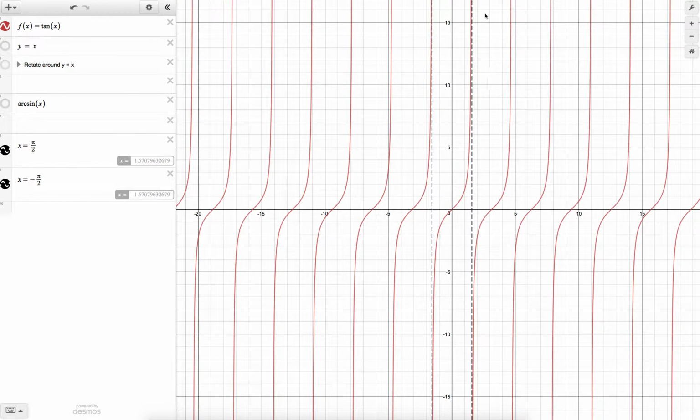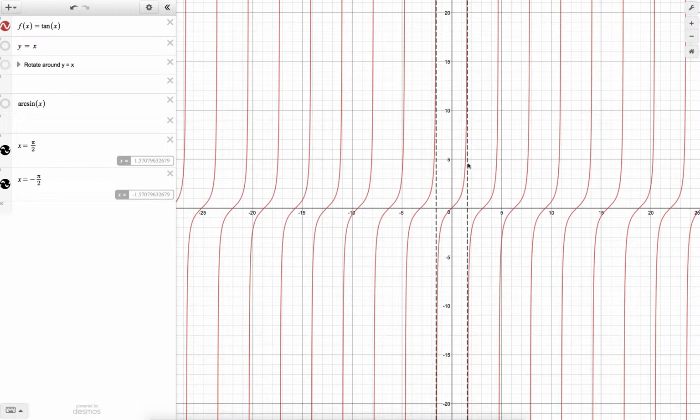What that means is as I'm approaching pi over 2, the outputs are going to get bigger and bigger. It's going to get closer to this line, and it will go all the way up to positive infinity. As I get closer to negative pi over 2, it will go all the way down to negative infinity. It'll keep going.